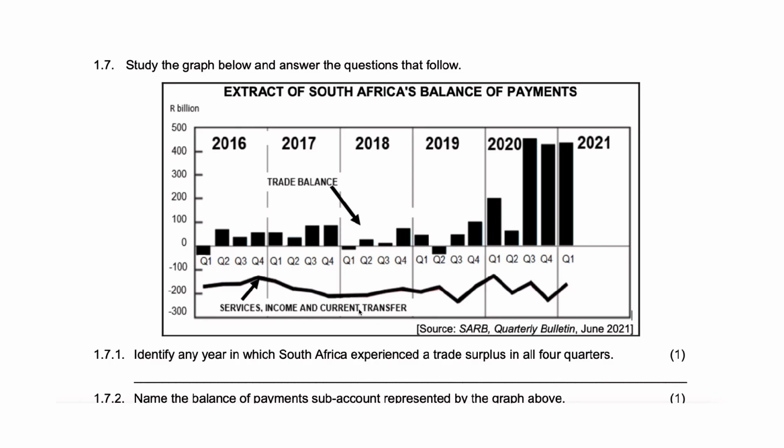So if I sell a car to Zimbabwe from South Africa, it will be recorded on merchandise exports because I sold a car to Zimbabwe. But if I give my dad a gift and I give him a car, now my dad doesn't have to pay me for the car. It's a gift.